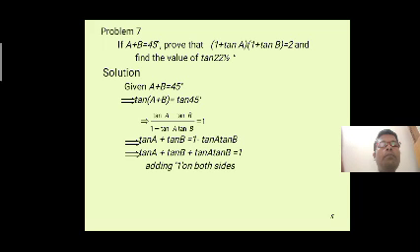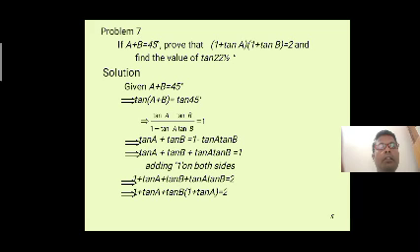Adding 1 on both sides, we get 1 plus tan A plus tan B plus tan A into tan B equals 1 plus 1, equal to 2. This implies, taking the common factor tan B outside, 1 plus tan A plus tan B into (1 plus tan A) equals 2. Now we get (1 plus tan A) into (1 plus tan B) equals 2.